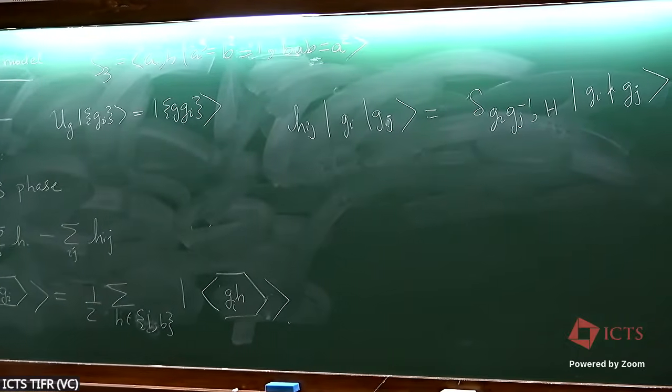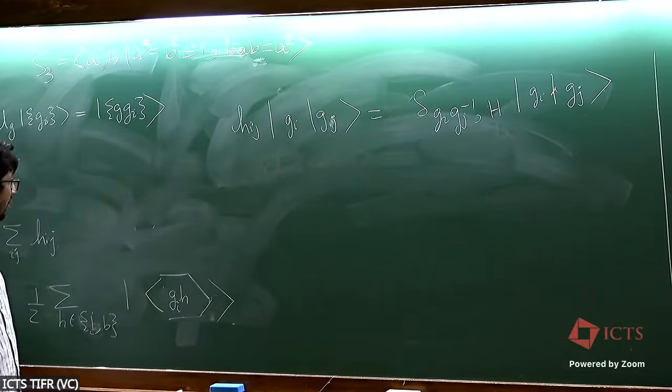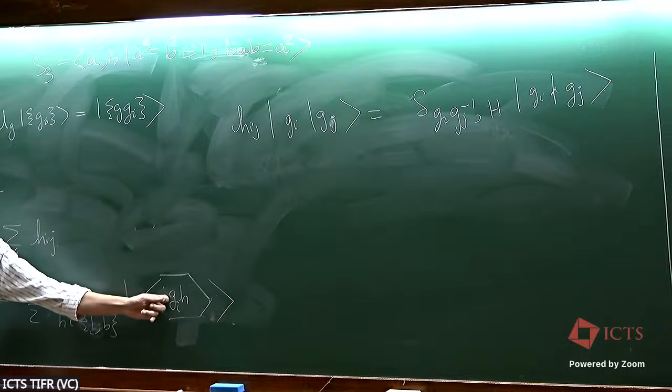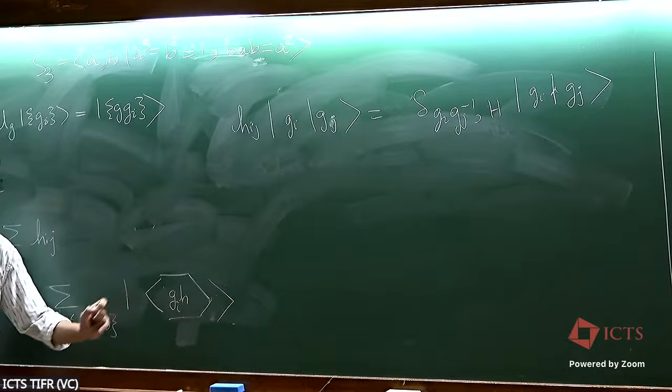One can see that the ground state of this Hamiltonian, there are three ground states where you have a disordered sum over group elements on each plaquette that belong to the same left coset.